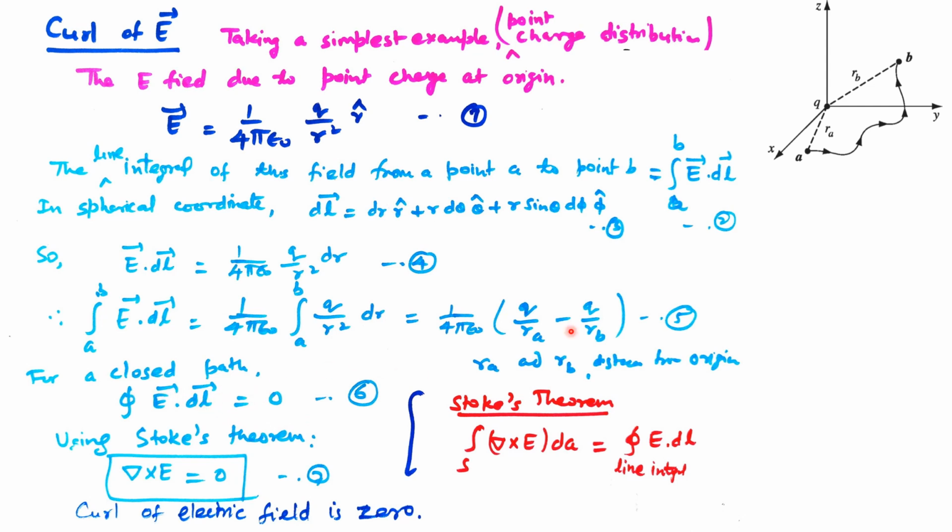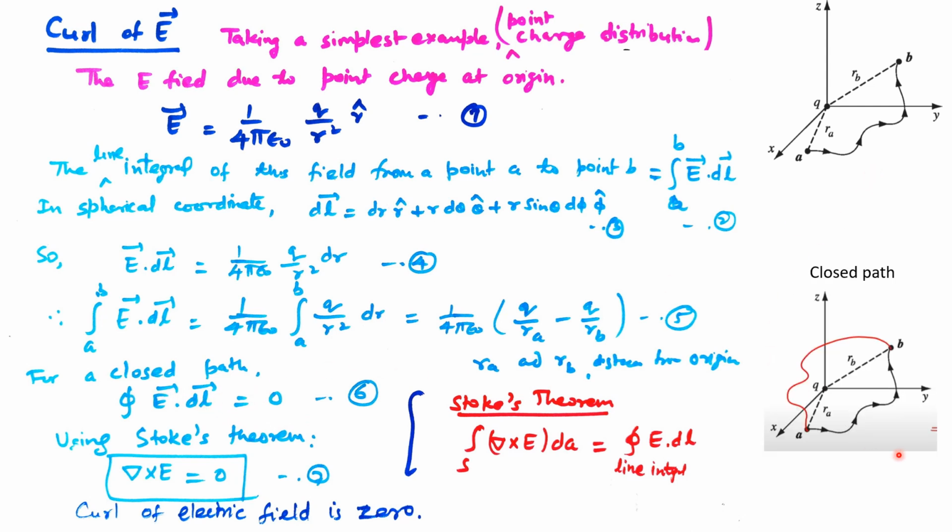And for a closed path, E dot dl is always 0. But using the Stokes law or Stokes theorem, we can change the line integral into a surface integral. Line integral E dot dl can be written as integral of del cross E dA. So this E will become del cross E. So if we compare these equations, then del cross E should be 0, because E dot dl equal to 0.